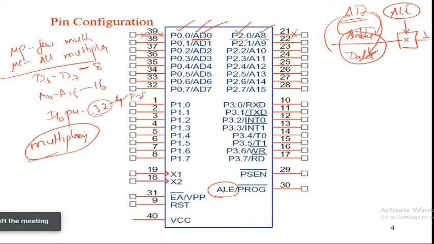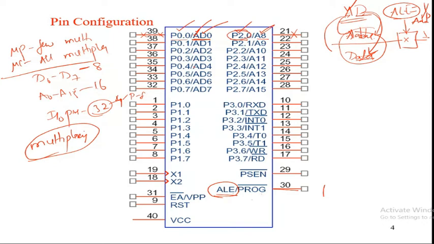This address latch enable enables the lines as an address bus only; it does not identify the data bus. So when ALE is equal to 1, the lines operate as an address, and when ALE is equal to 0, they operate as a data bus. Based on the status of this pin, when we use external memory and ALE is 1, this pin operates as an address bus, not as a port pin.